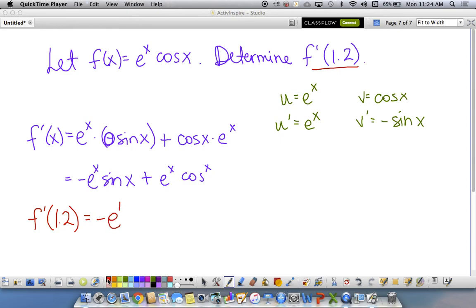Negative e raised to the 1.2 times sine of 1.2 plus e to the 1.2 times cosine of 1.2. So we're simply plugging in 1.2 everywhere we see an x. Once you plug that in your calculator, as long as you're in radian mode, you should get an answer. It should be approximately negative 1.8914.